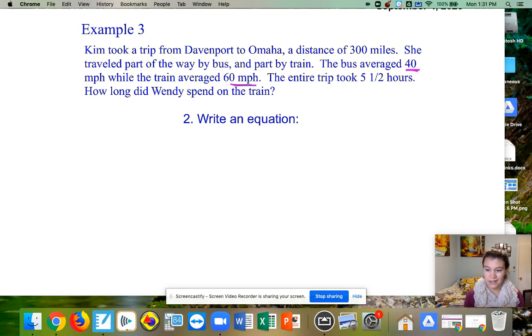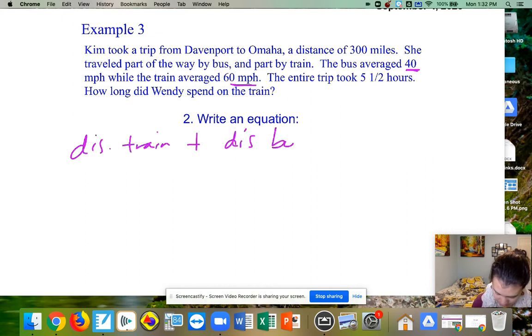If you did it the other way around, you'd have to do like distance divided by speed to get your time, and that's not as convenient. So I'm going to do distance on the train plus distance on the bus has to equal your total distance.